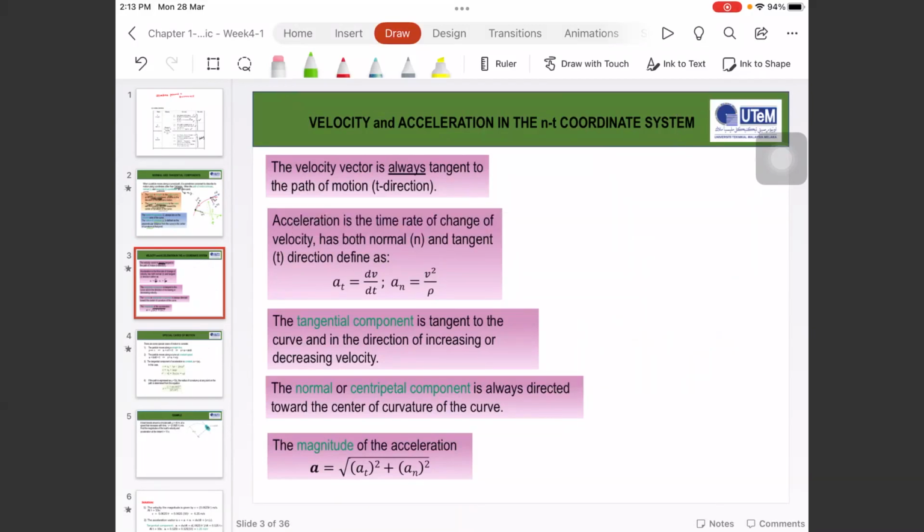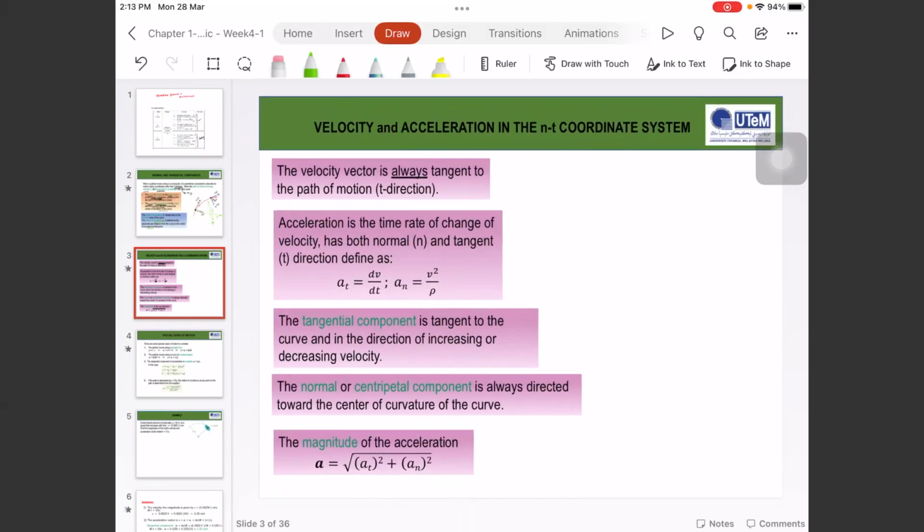Okay. If you have these motions, the velocity vector is always tangent to the path of motion. So velocity is tangent to the path, v, at these locations.